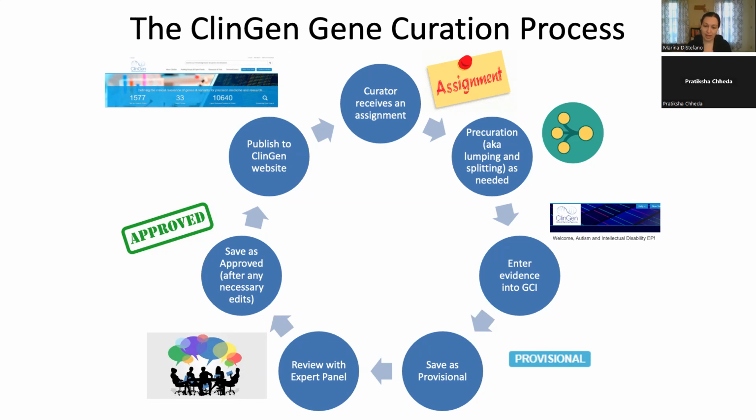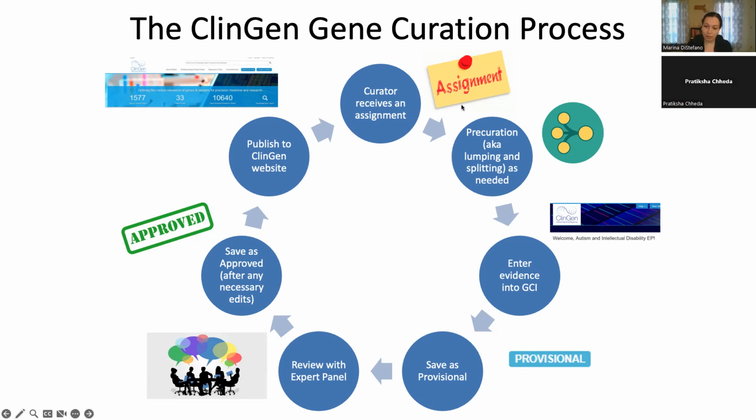Then the experts would help decide whether something should be lumped or split and which disease terms should be used for the curation. All of this should take place with your experts either on a call or offline, so that you shouldn't have to just choose a disease on your own when you enter the gene curation interface.